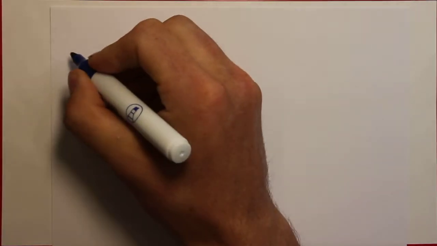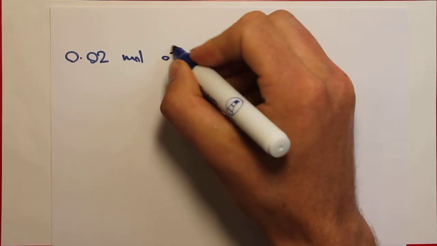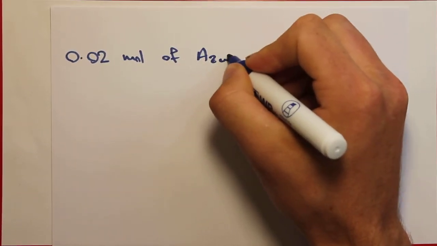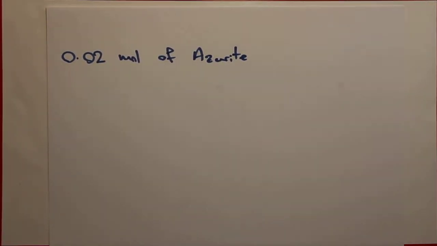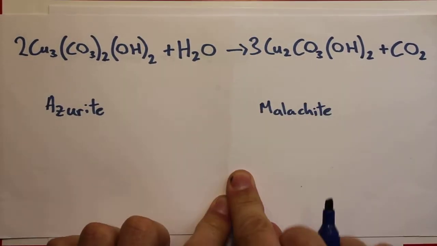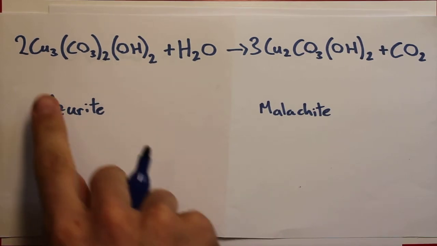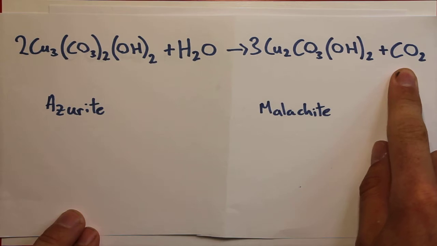Okay then. So we're looking for the volume of carbon dioxide. But we know that we have got 0.02 moles of azurite. We found that in part 1 of the question. Now if we look at our balanced chemical equation here, we've got a ratio of 2 moles of azurite to 1 mole of carbon dioxide.